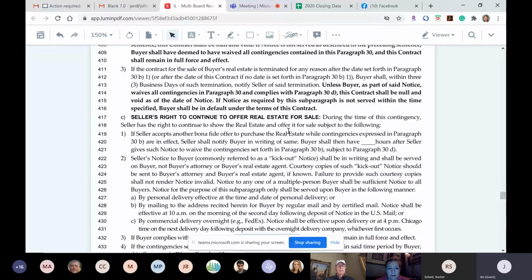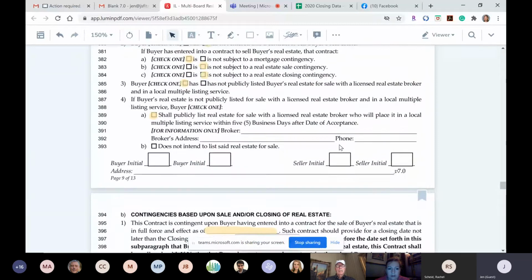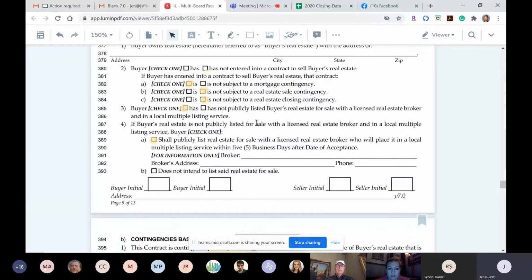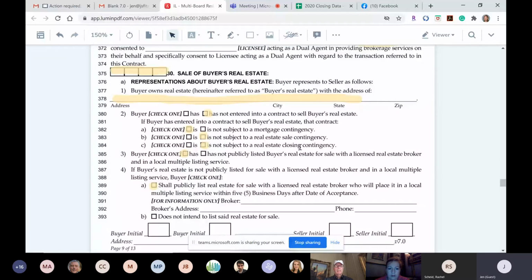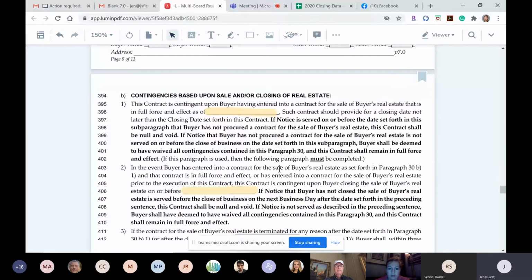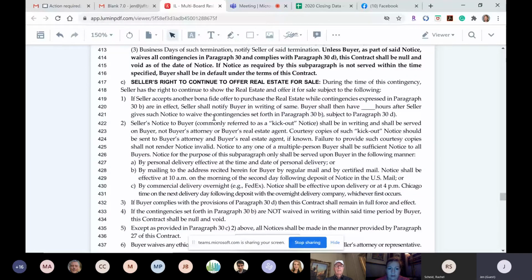Now, the seller has certain rights. So if you're the selling agent and you have a buyer who needs to sell their house, I would fill up to there and then stop. If you're a listing agent and you see that someone is filling out this contract saying they've got to sell their property before they can buy yours, you want to pick up right where they left off right here with the seller's rights.